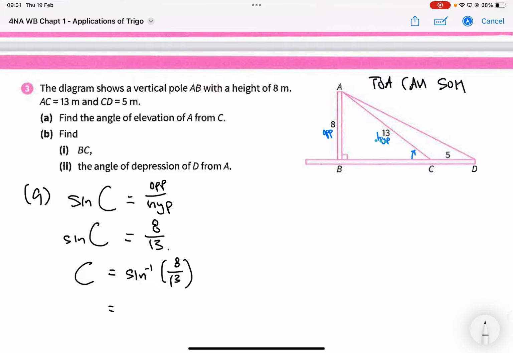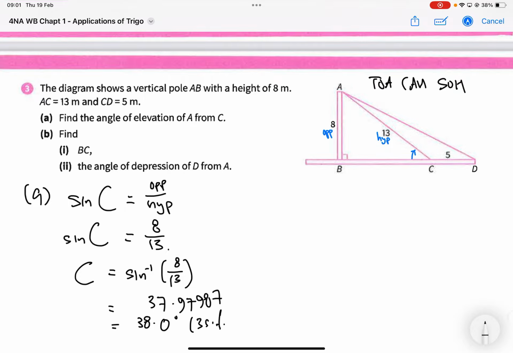Angle C is equal to 37.97987, or 38.0 degrees.